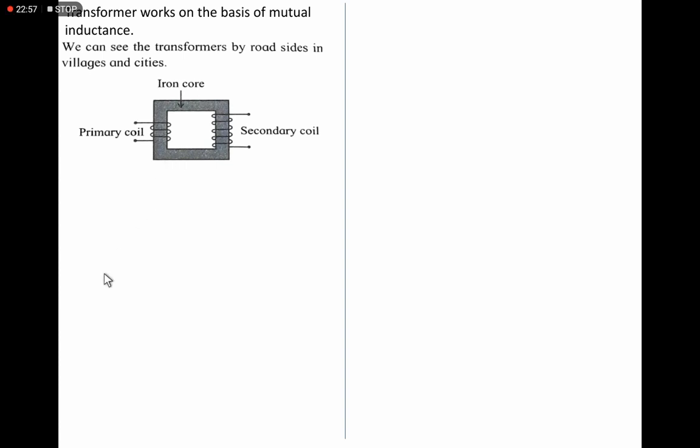Again, when the current in the primary changes, the flux changes and EMF is induced. This flux is linked with the secondary, and EMF is induced in the secondary coil. This is mutual inductance, and the transformer works on this theory, the theory of mutual inductance.